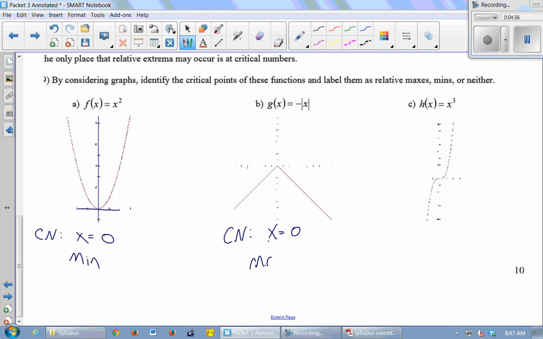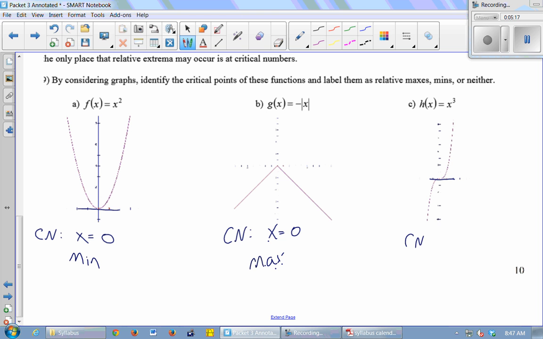All right, x cubed. Is there any place in x cubed where the derivative is 0 or undefined? At 0, we actually do have a horizontal tangent line.